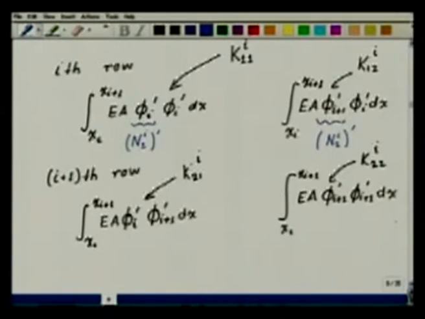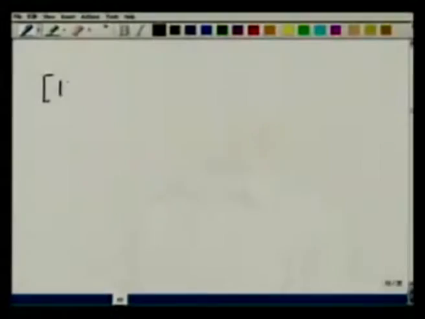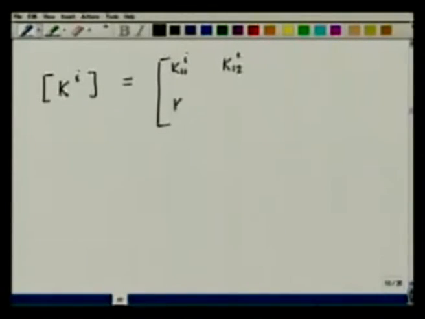So naturally this comes in terms of the element convention as the matrix K for the element I is equal to K11 of element I, K12 of element I, K21 of element I, K22 of element I.